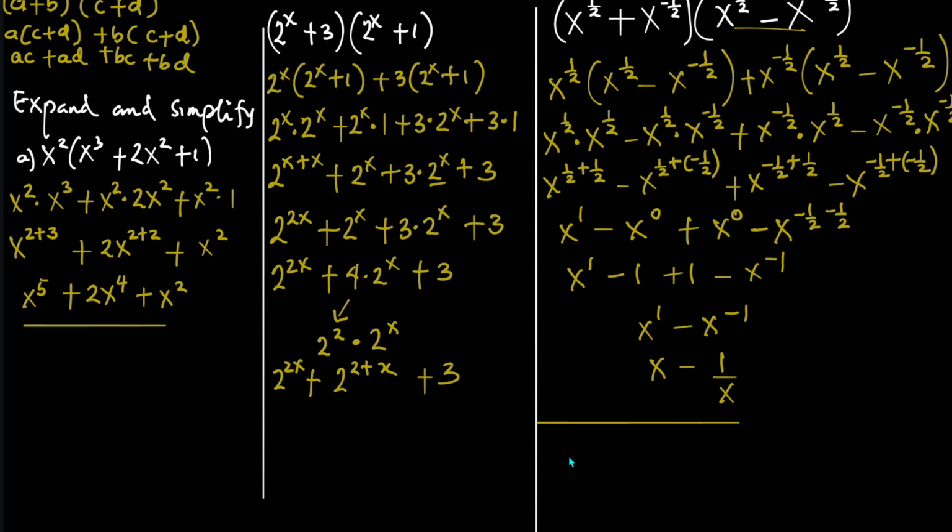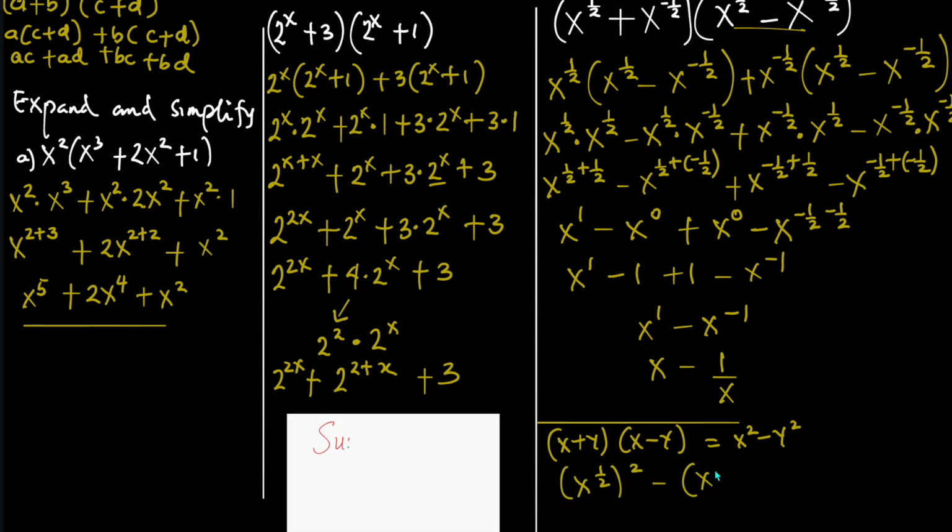So since (x plus y) and (x minus y) simplifies to x squared minus y squared, then we can write that as x raised to the power of 1/2 all squared minus x raised to the power of negative 1/2 all squared. So when you do that, you have x to the power of 1 minus x to the power of negative 1, and that equals x minus 1 over x.